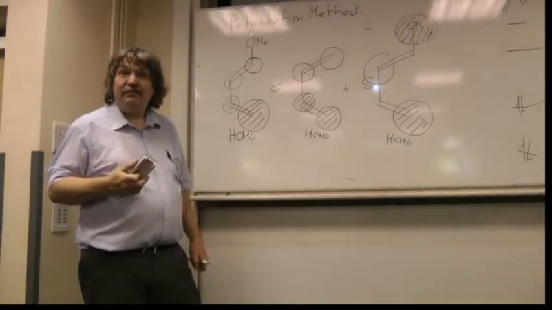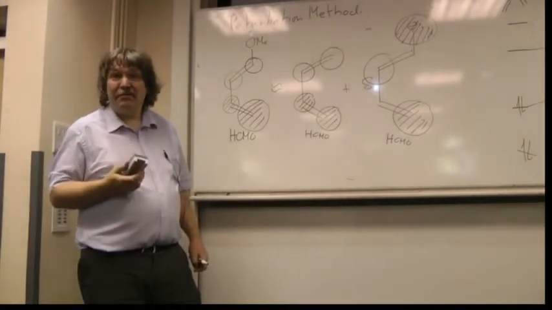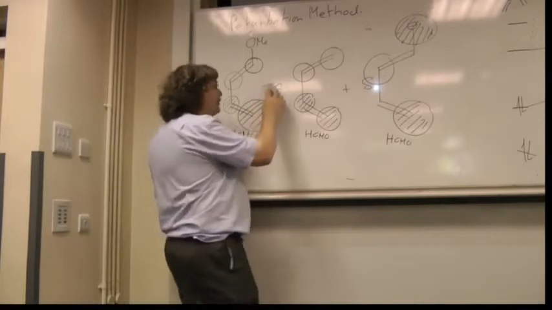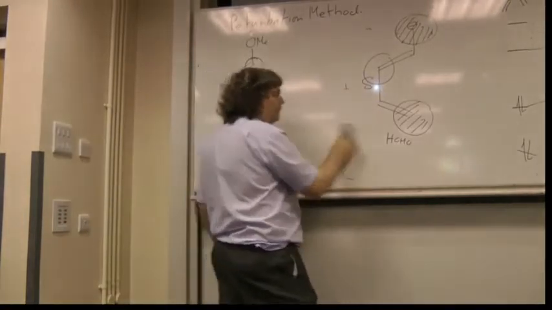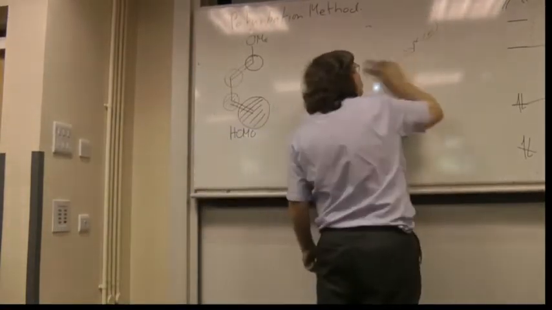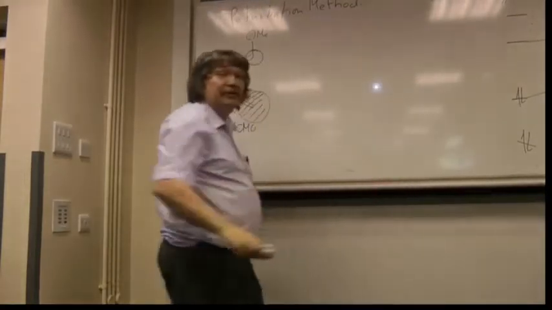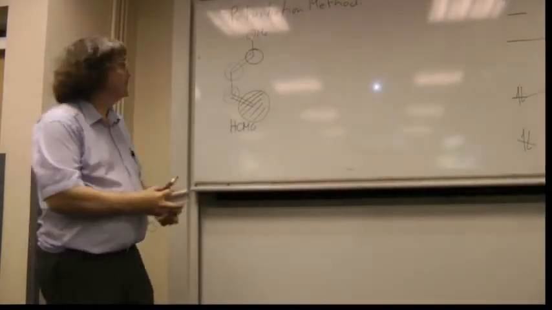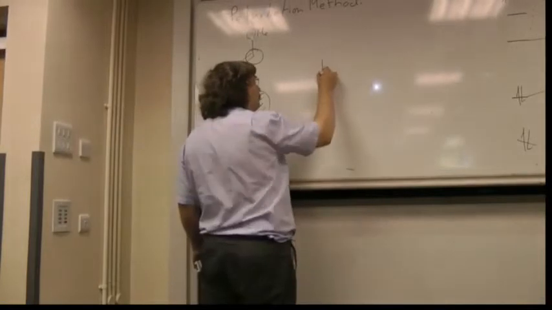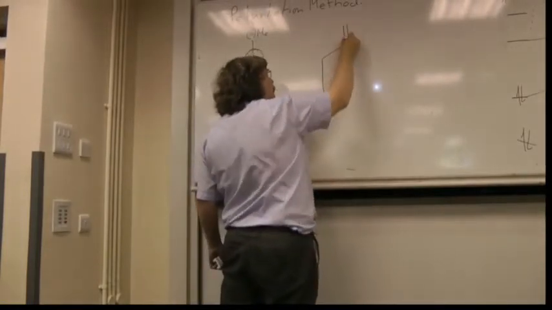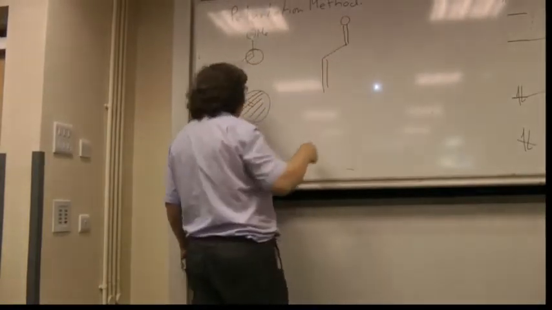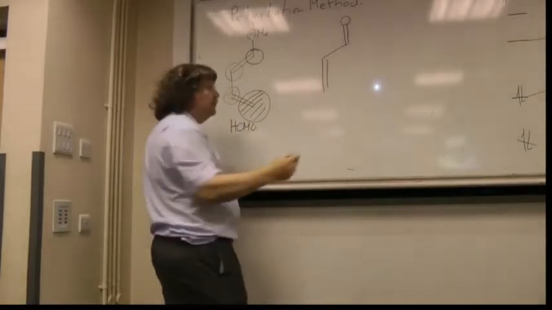Now, finally, we come to solving the problem that we had right at the beginning. I'm going to leave that up, and I'm going to bring back acrolein. Now, we know that we want the LUMO of acrolein. We've already seen that.